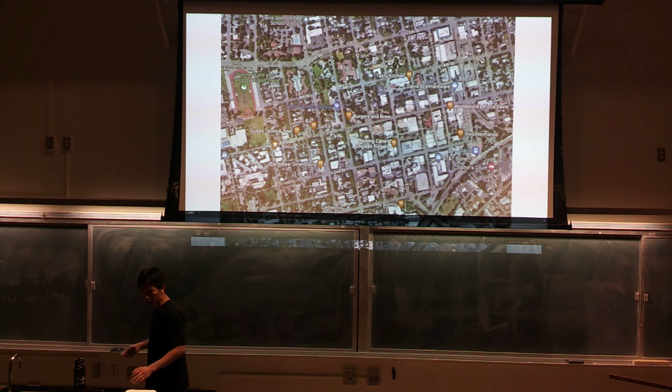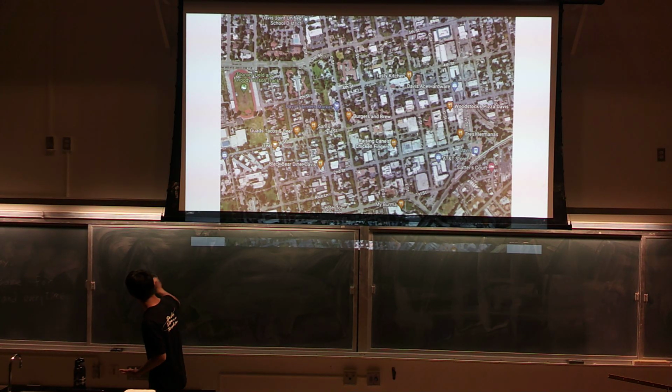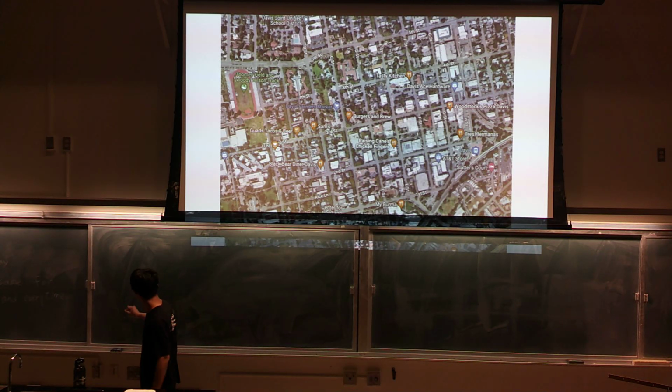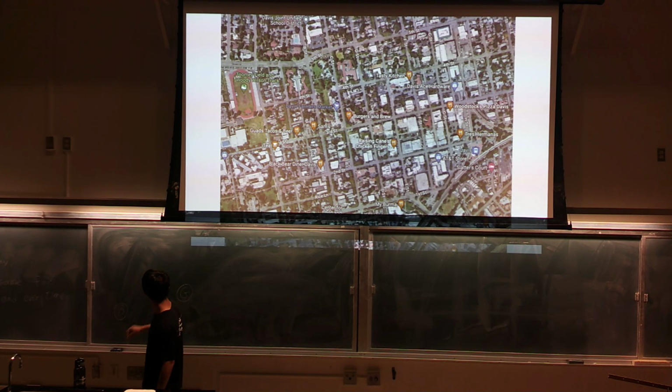Let's say we have a black particle here, and there's a blue particle. It looks white, but it's blue because it is a P. And let's say there's a green particle over here, and there's a red particle over here.